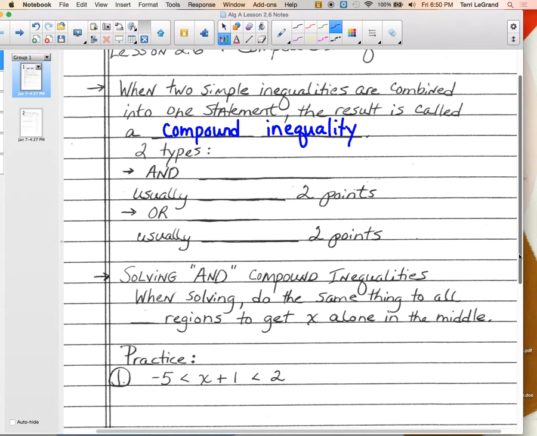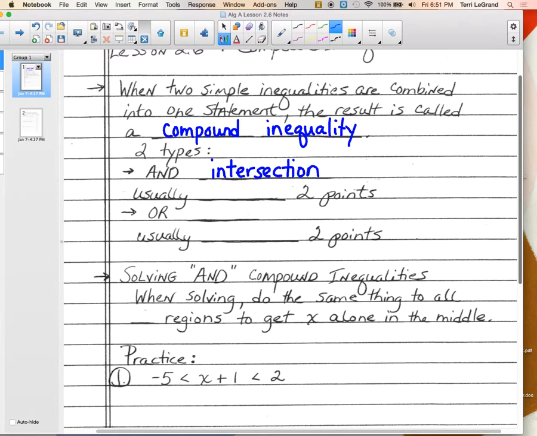We have the "and" type, just like you had in the work for today. With an "and," what we're looking for is an intersection. In other words, for it to be true, it has to make both simple inequalities true, or you couldn't say that P and Q was true.